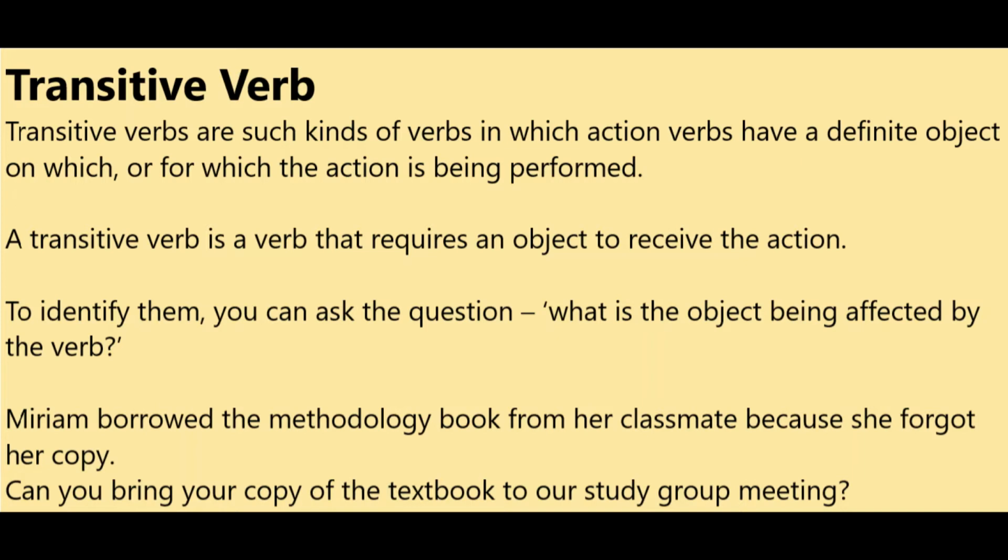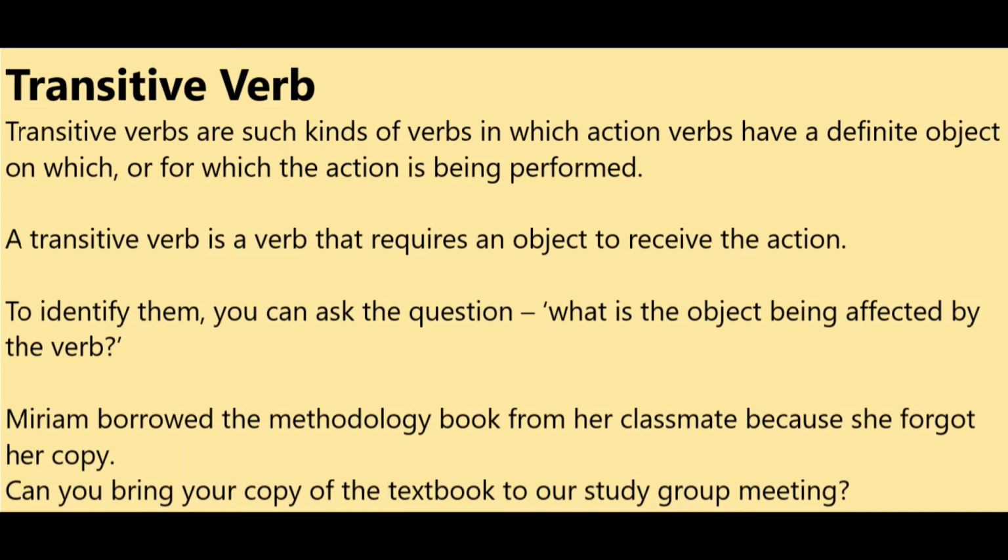So here you can see two sentences are given. Miriam borrowed the methodology book from her classmate because she forgot her copy. Can you bring your copy of the test book to our study group meeting?